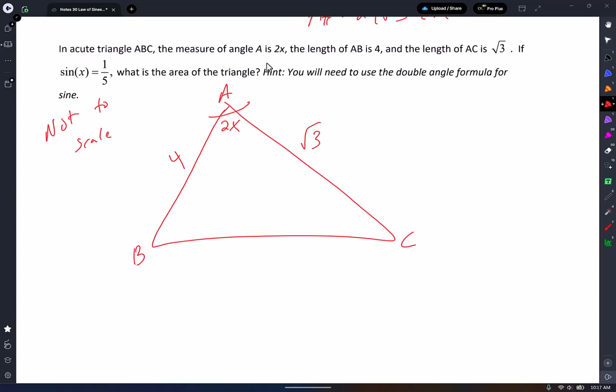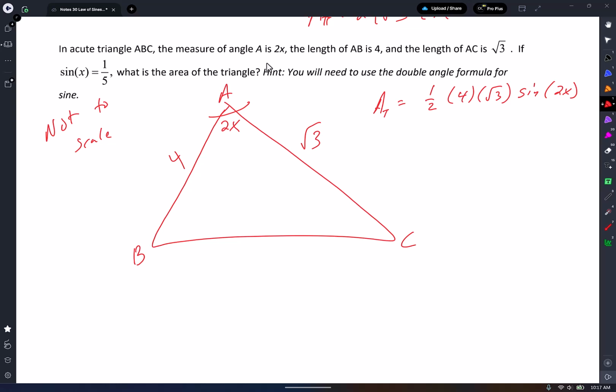You will need to use the double angle formula for sine. Okay. Guys, I have everything I need to figure out the area of this triangle. Area of this triangle is 1/2 times 4 times square root of 3 times sine of 2x. That's what we figured out last time, that the area of a triangle is.